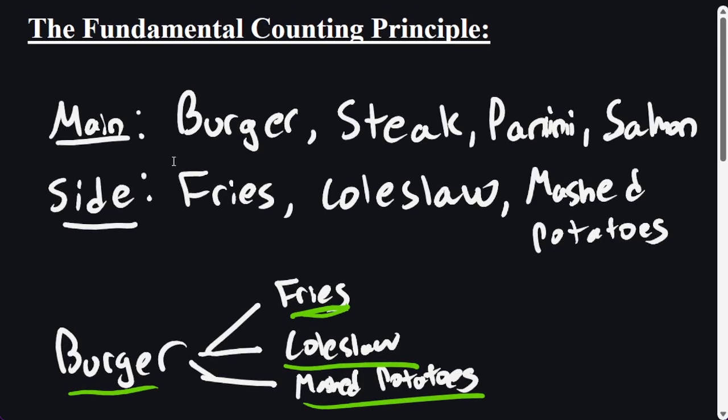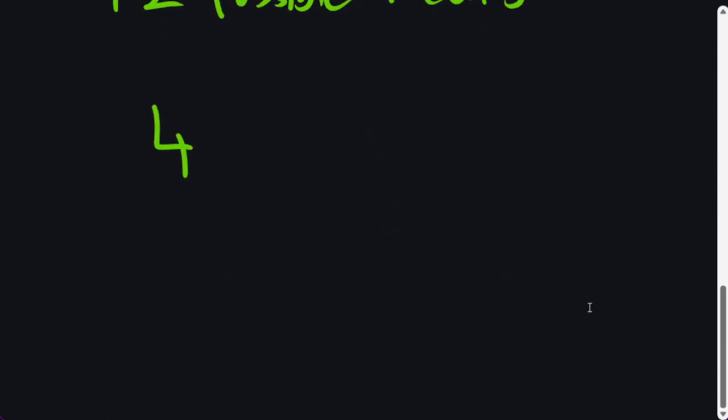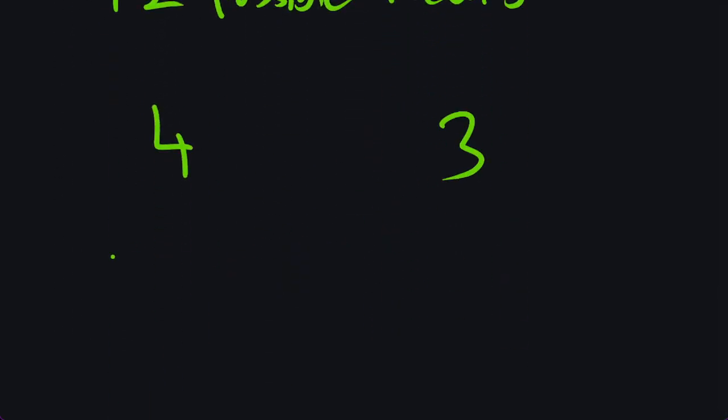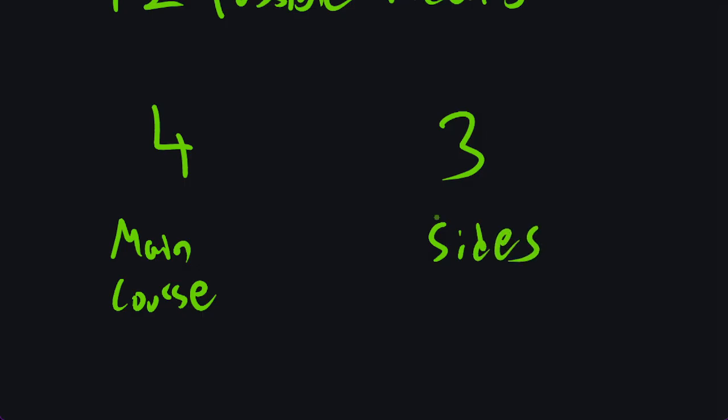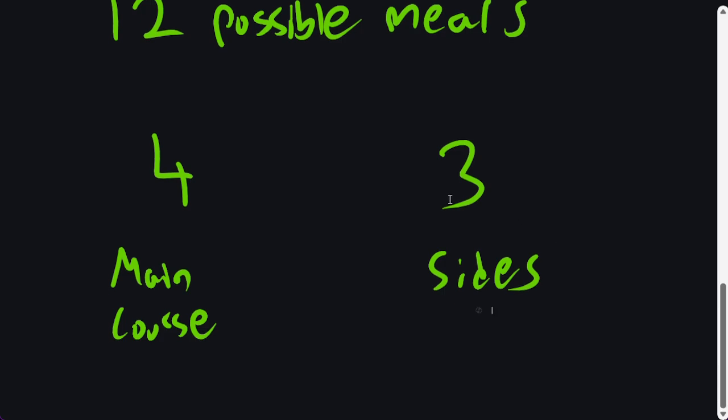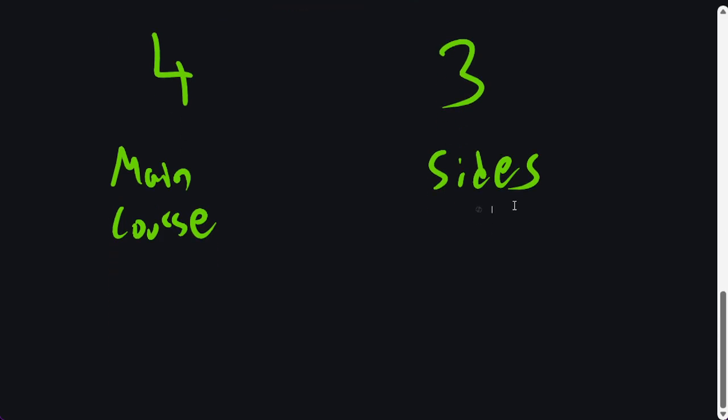And we have 3 sides: fries, coleslaw, and mashed potatoes. So 4 main courses and 3 sides. So how many main courses and sides can we have?